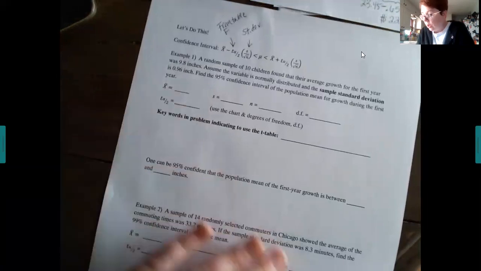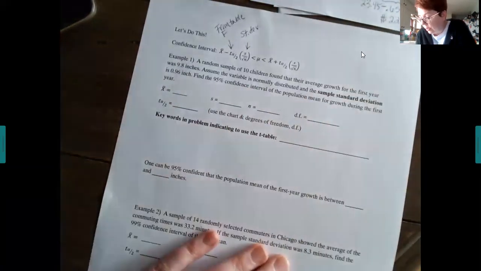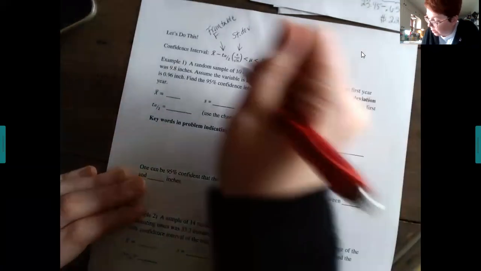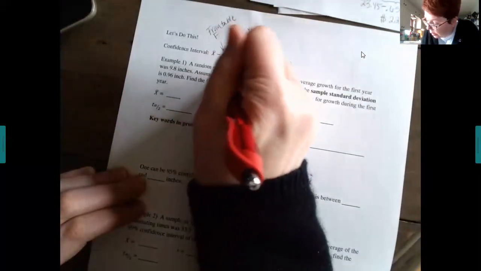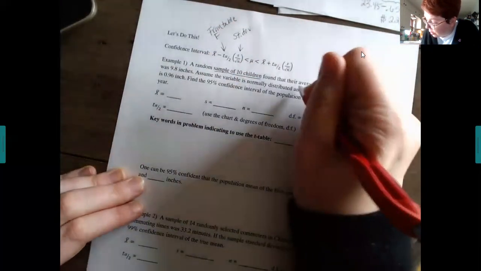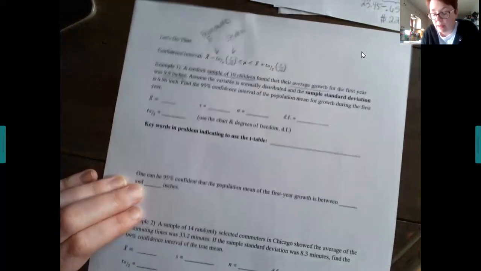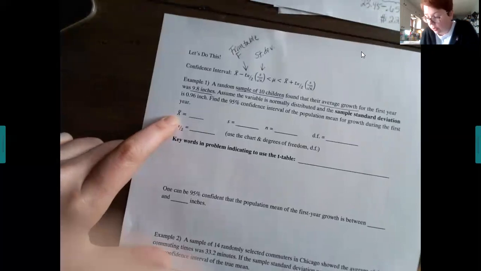Okay. So we're going to use this example. It says a random sample of 10 children found that their average growth for the first year was 9.8 inches. So they told us a sample of 10 children, and the average is 9.8.